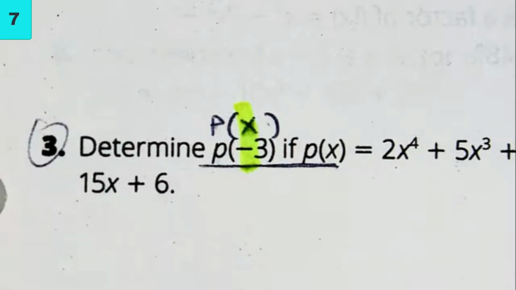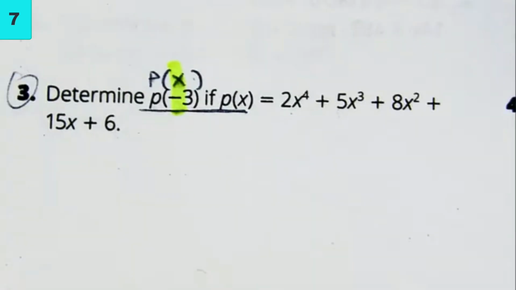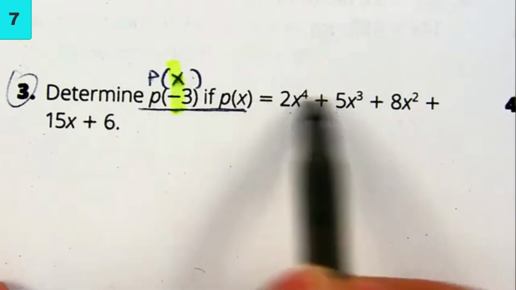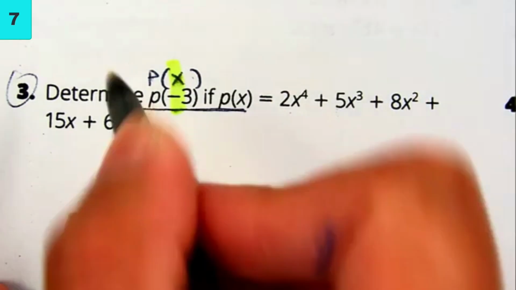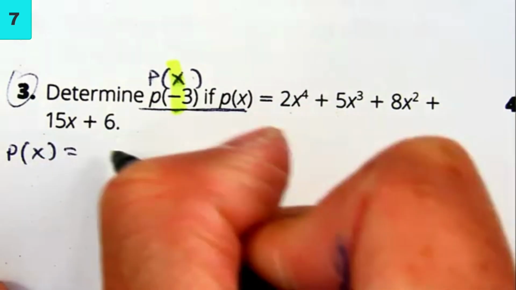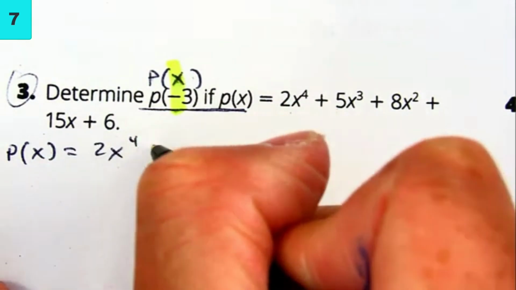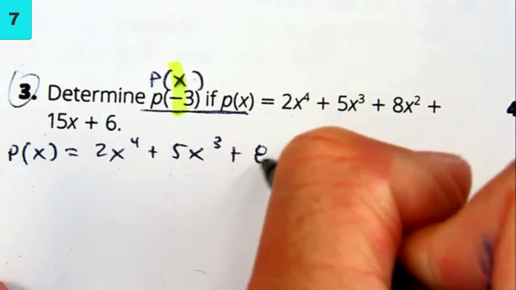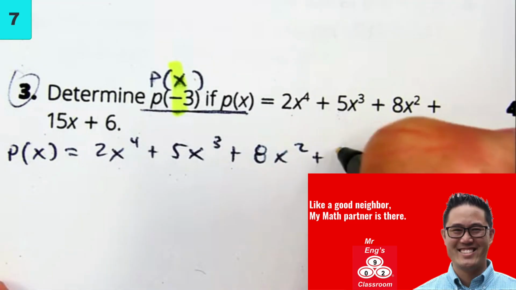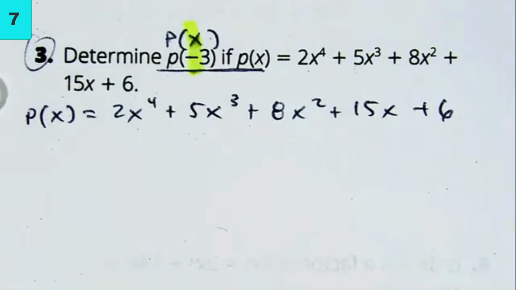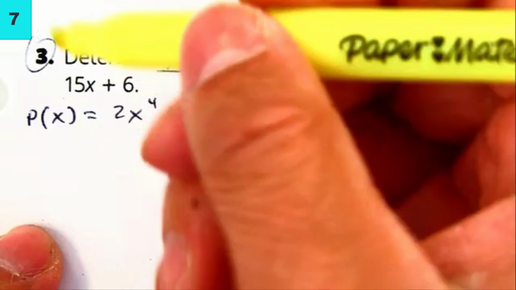So now I'm going to put in an x value of negative 3 every time I see x. Now, in this computer-generated problem, they went to the next line, so I'm going to write the original problem small so it fits in one line. And basically every x value is going to be what?